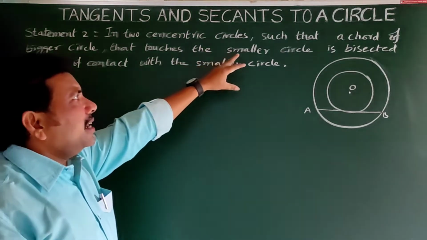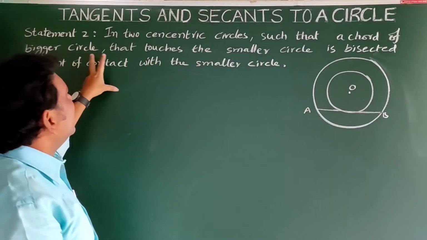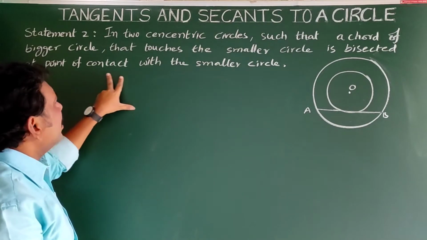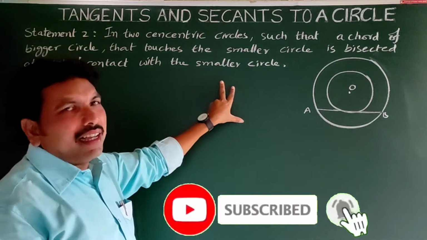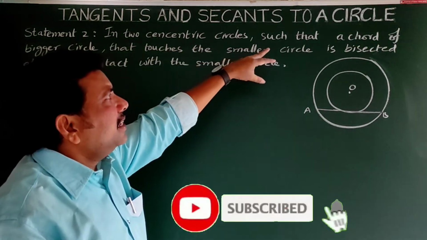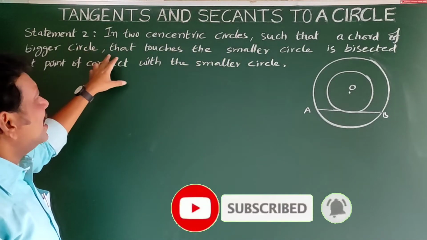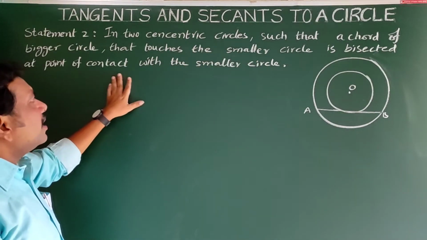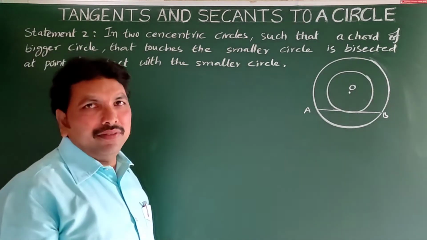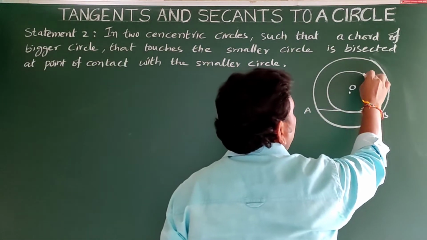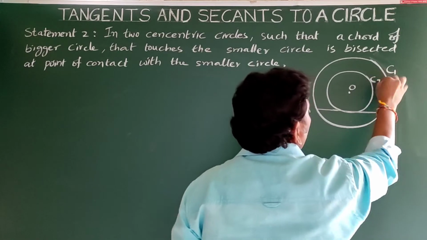In two concentric circles, a chord of the bigger circle that touches the smaller circle is bisected at the point of contact with the smaller circle. See, here these are two circles C1 and C2.